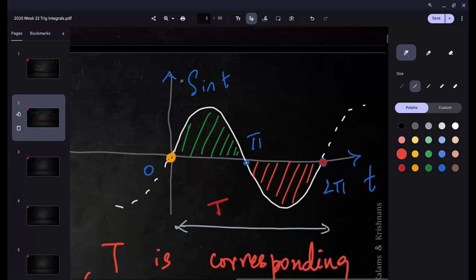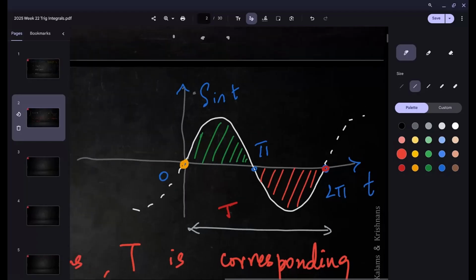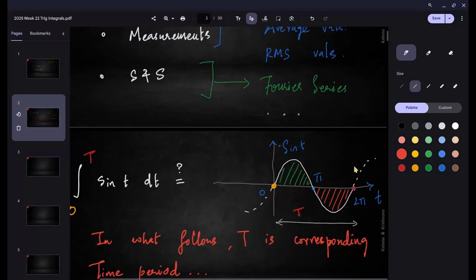So if you substitute T, cos t over a full time period, here T is 2 pi, what do you get? We are doing definite integrals only. If you substitute it, you are going to get a 0. The positive and negative areas cancel. So we have 0.